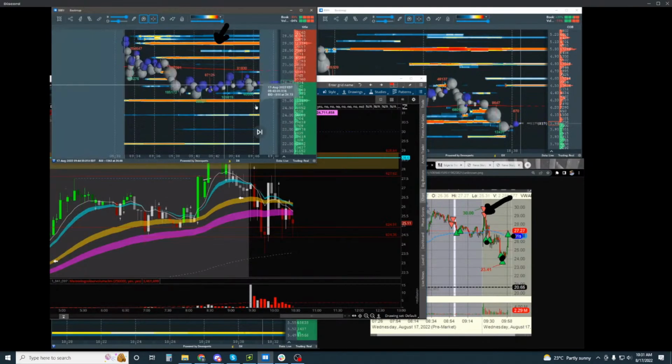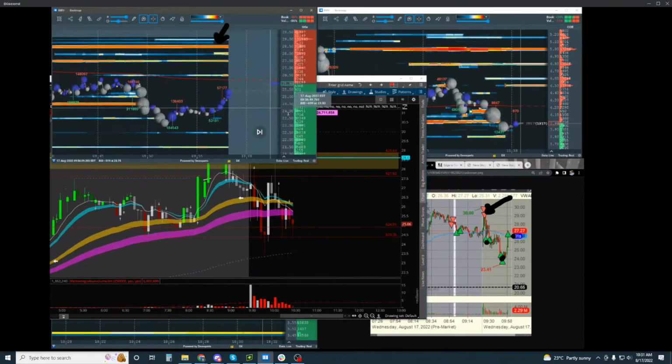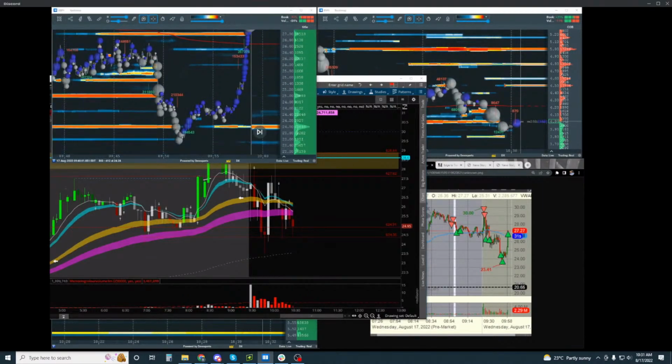Let's put over here. Okay. So when I see Bookmap over here, it gave me the timing. It's very easy to, I'm sorry, to spot the timing that buyers step in.